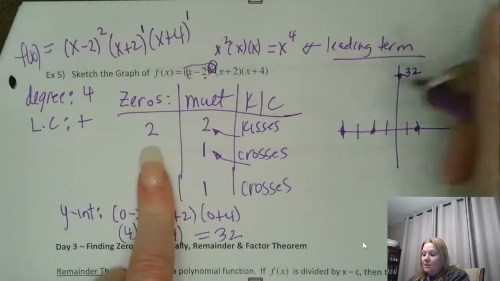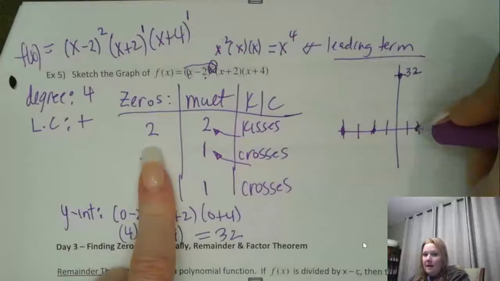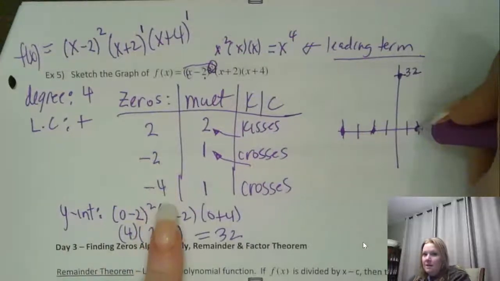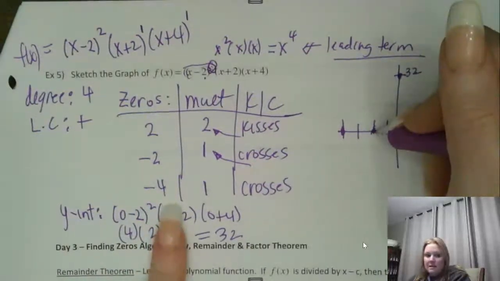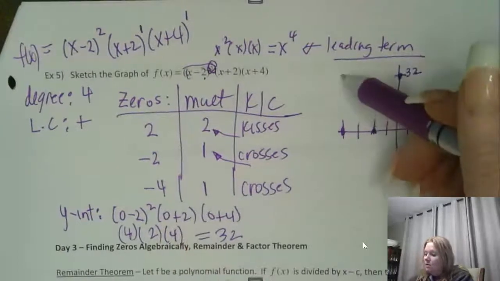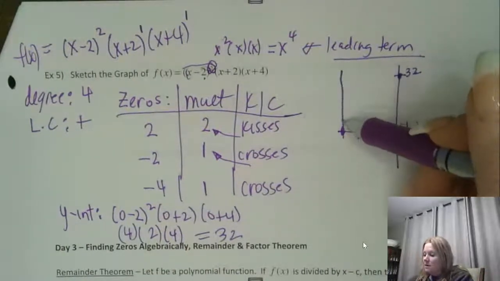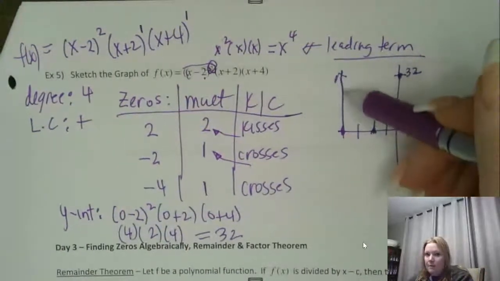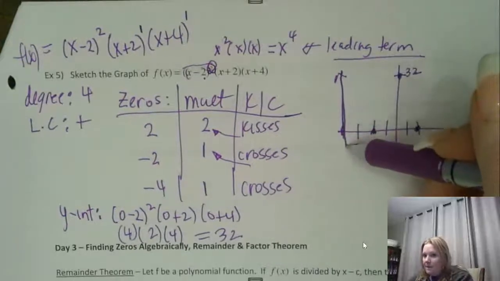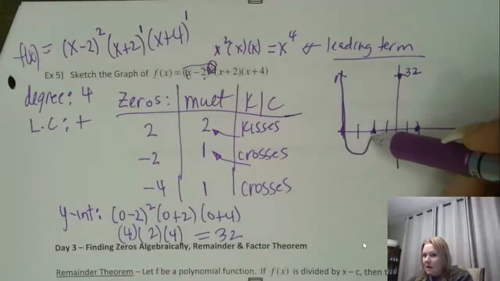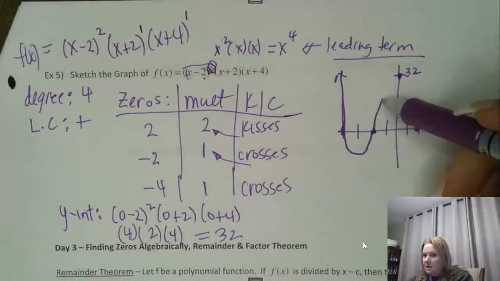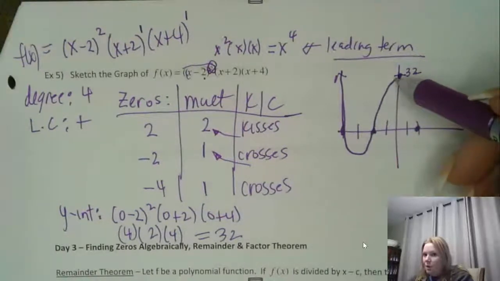Now, at 2, which is here, I kiss the axis. These two, I cross the axis. So it could look something like this. End has to be up. So I'm up, I'm coming down, I cross. Have to go through my y-intercept.